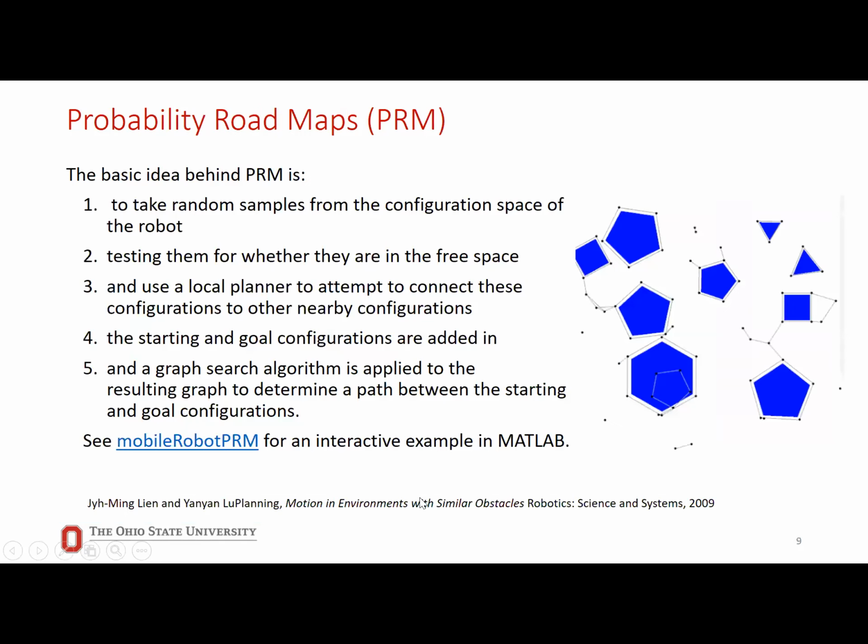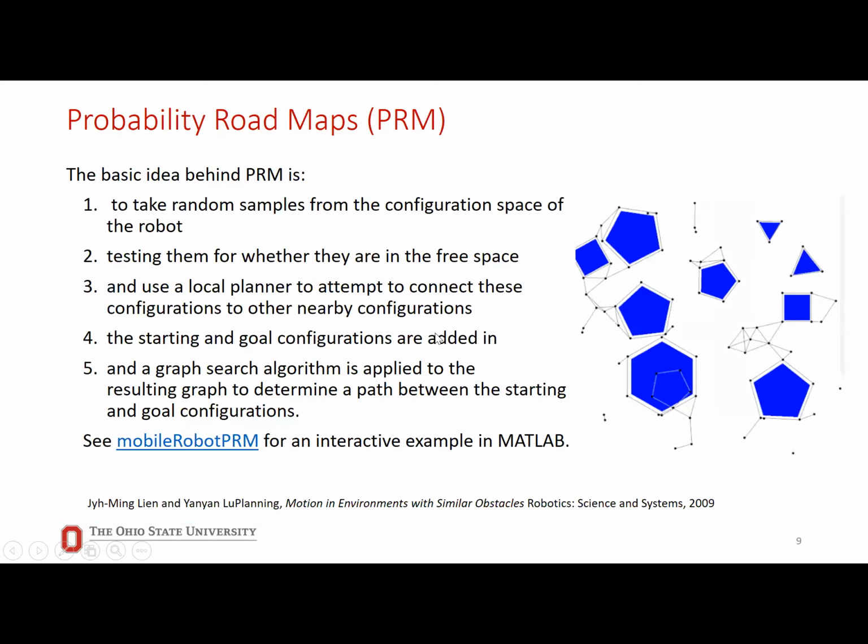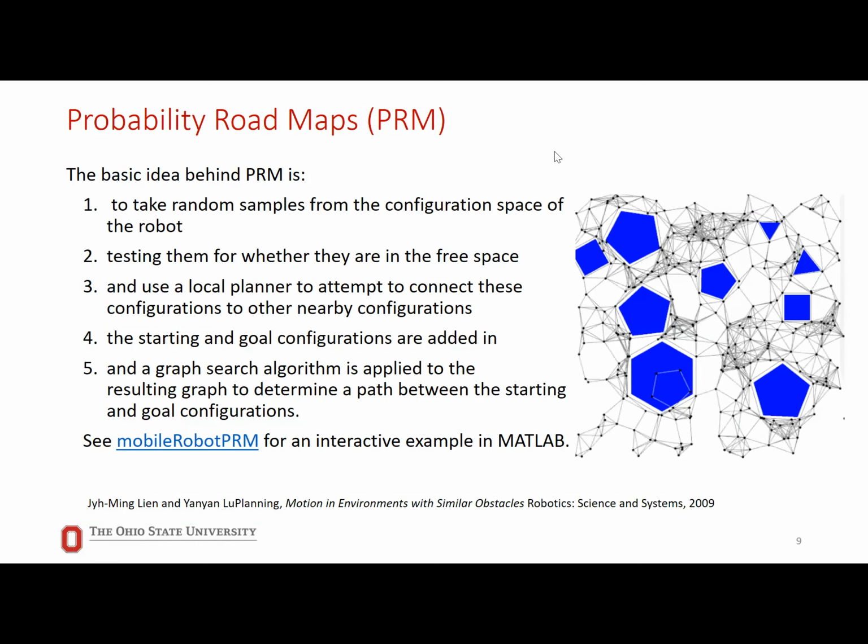So again, watch the YouTube video of that one. This is a robot with an obstacle. Here's RRT. You see all the different paths that this robot can take to get there. Watch this video. Here, I wanted to show you the probabilistic roadmap. This is very random. So maybe that's what you should do, Adam.